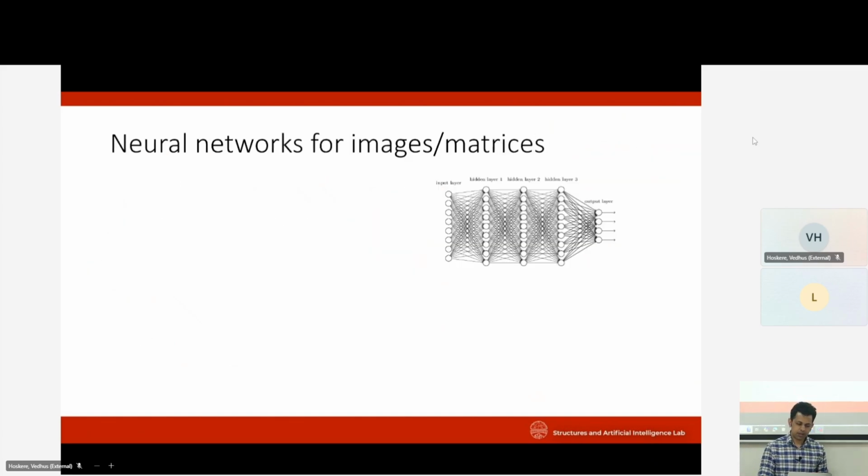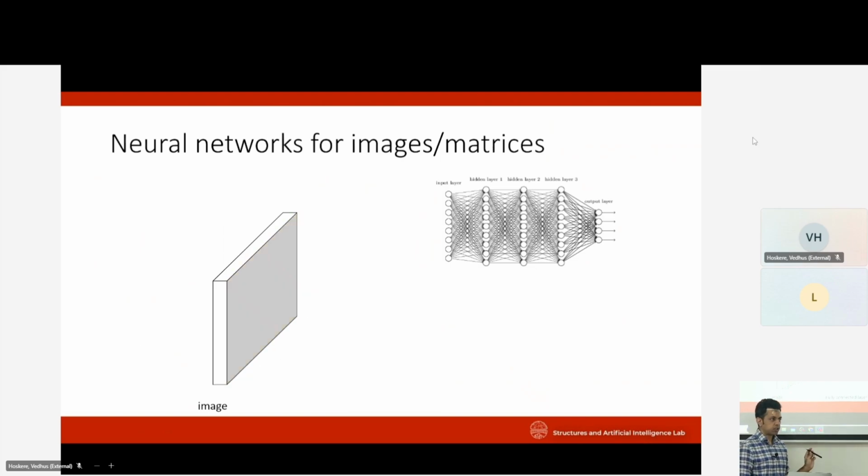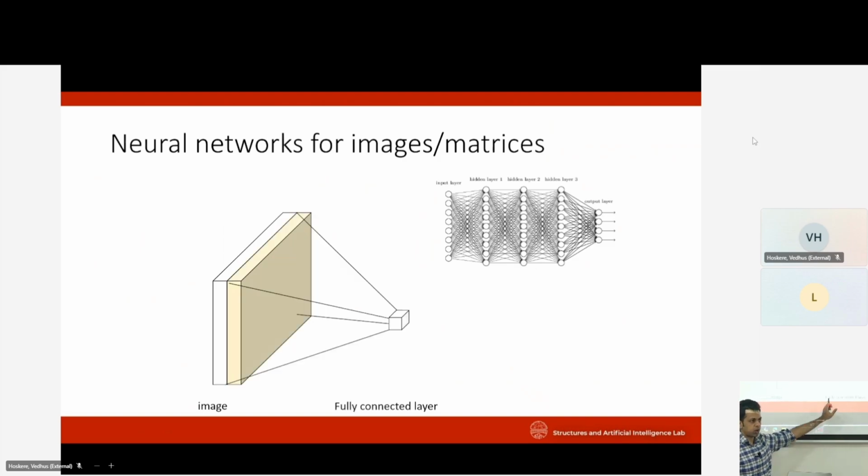But here we can look at some illustrations of what I just described. If I have an image and I want to have a fully connected layer, then I'm essentially taking a dot product, right? And I'm producing a small output, or in this case, let's assume it's a single output.